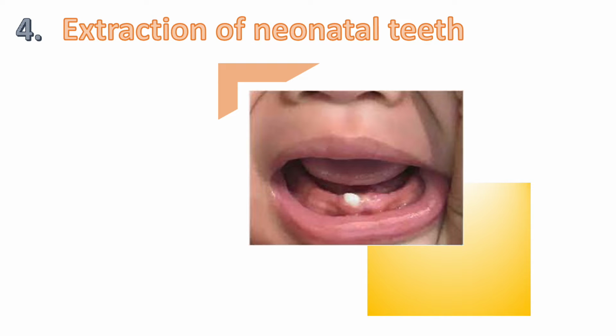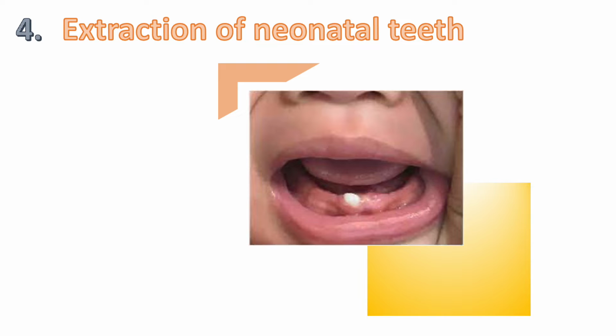But if a child is born with the front tooth or teeth, usually this neonatal tooth is extra, but sometimes it is also from the set of milk teeth. If it's from the set of milk teeth, you're taking it out because it is causing injury to the tongue and all.